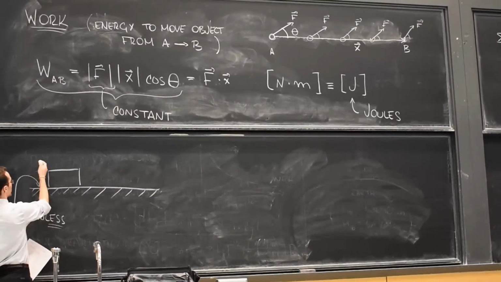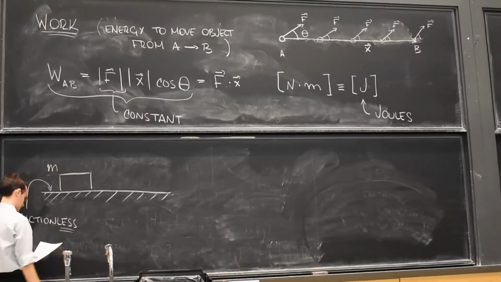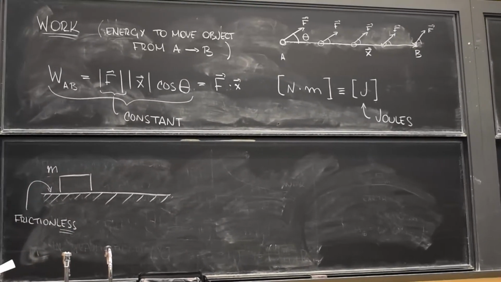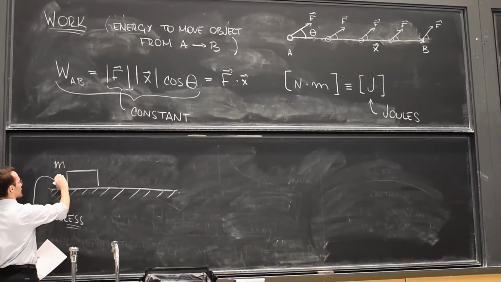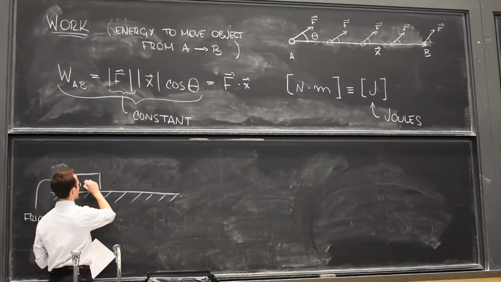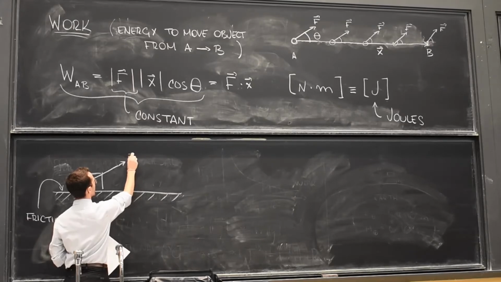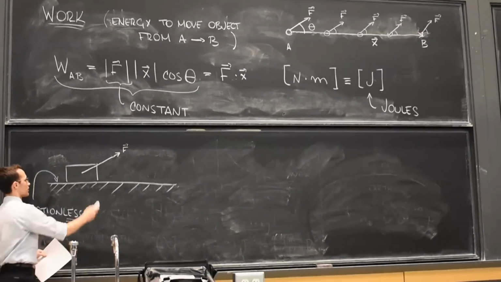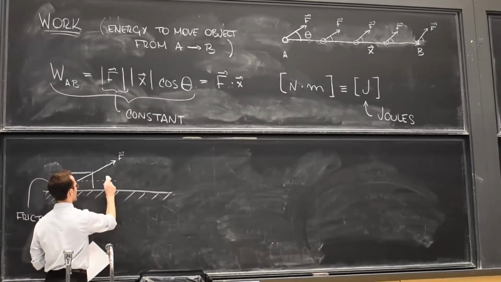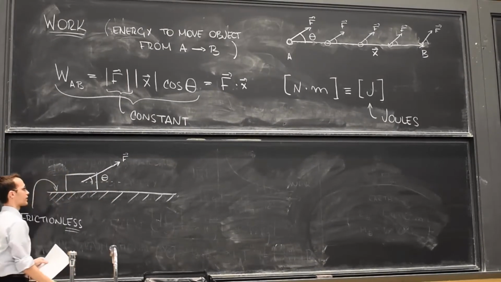The box has some mass m. Oh, actually we don't care about the mass m. All you really care about for now is that you apply a force on it at some angle, as we've been doing. That angle measured from the positive x-axis is theta.